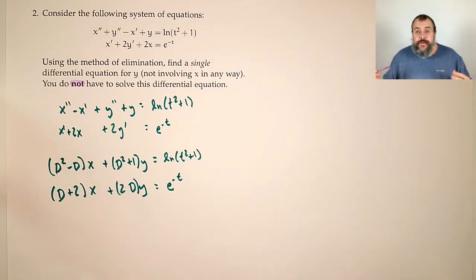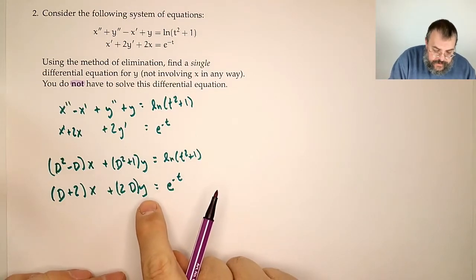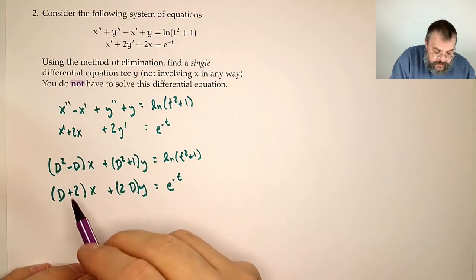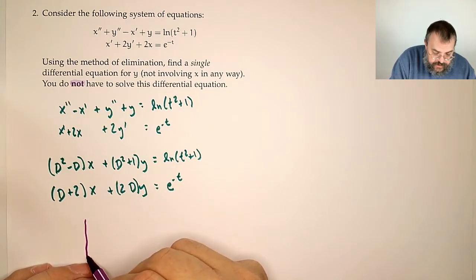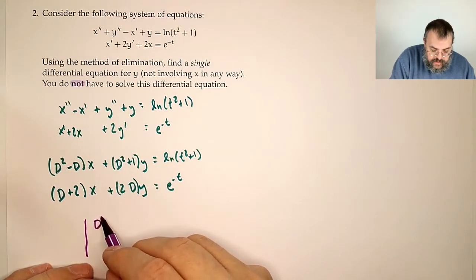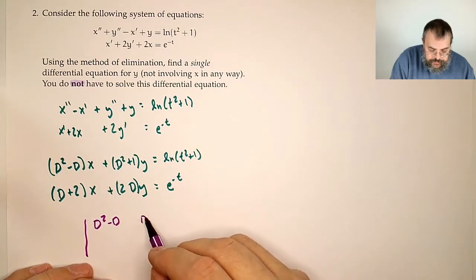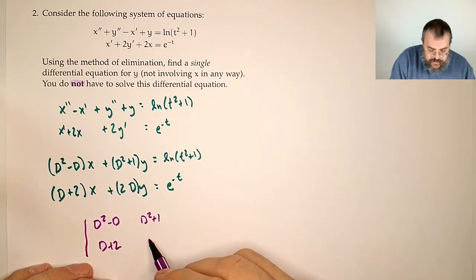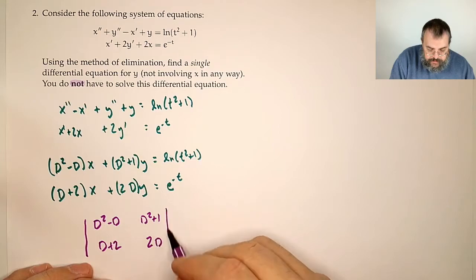For our technique, we're essentially doing some variation of Cramer's rule. We're after a differential equation for y, so we'll take a little 2 by 2 determinant and write down these coefficients: D squared minus D, D squared plus 1, D plus 2, and 2D.